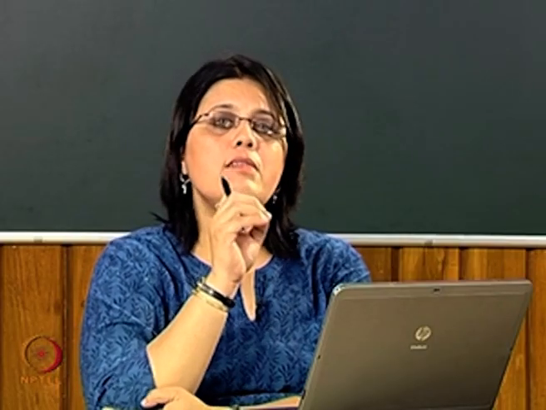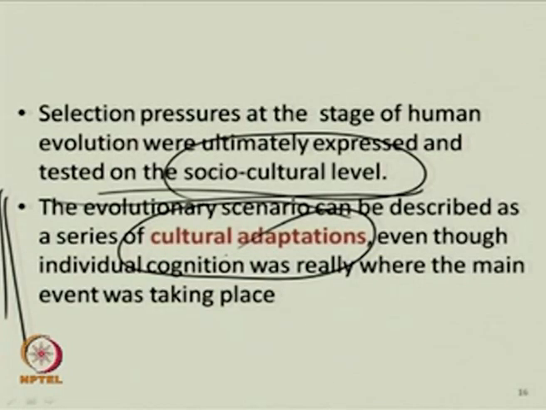Now we have a scholar who's telling us that these are also at the same time cultural adaptations. So the evolutionary scenario can be described as a series of cultural adaptations, even though individual cognition was really where the main event was taking place, okay? So that is why we are going to look at these changes also as cultural changes, even if they are happening in the brain and in the body, okay? These are not simply to be read only as biological physical changes, okay?